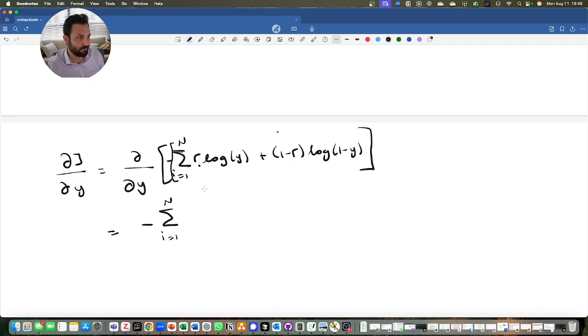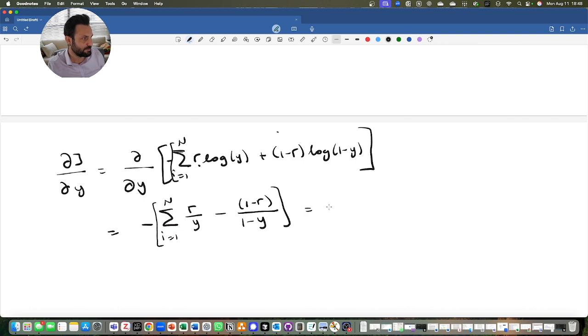The derivative is 1 over y, and again, let me not forget about this negation here, plus 1 minus r on the top, and this is going to become 1 minus y, but this negative y also gets its own derivative, so I'm multiplying it here.